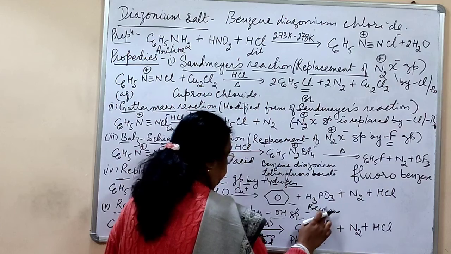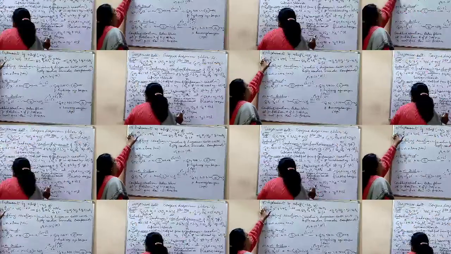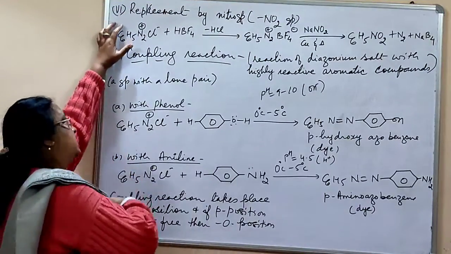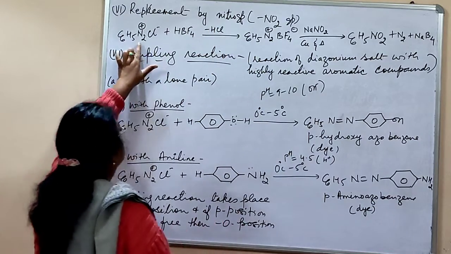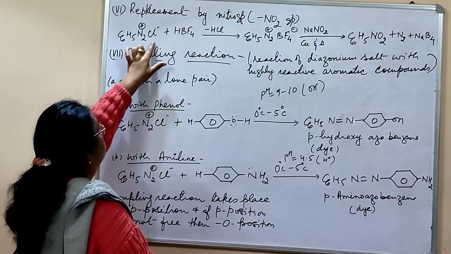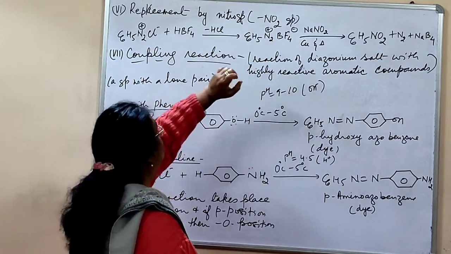Next reaction we'll do now. Reaction with the next property, replacement by nitro group. This N2Cl group, diazonium chloride group, will be replaced by nitro group, NO2 group.